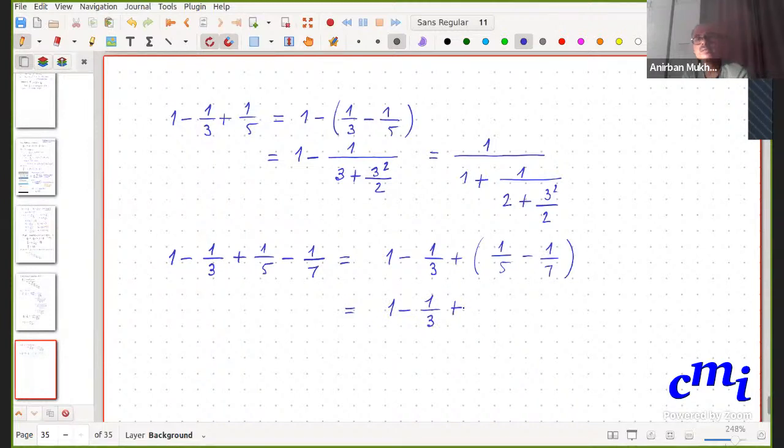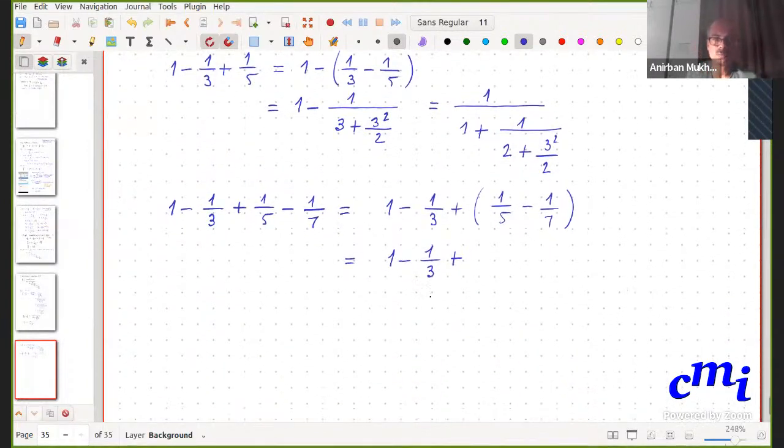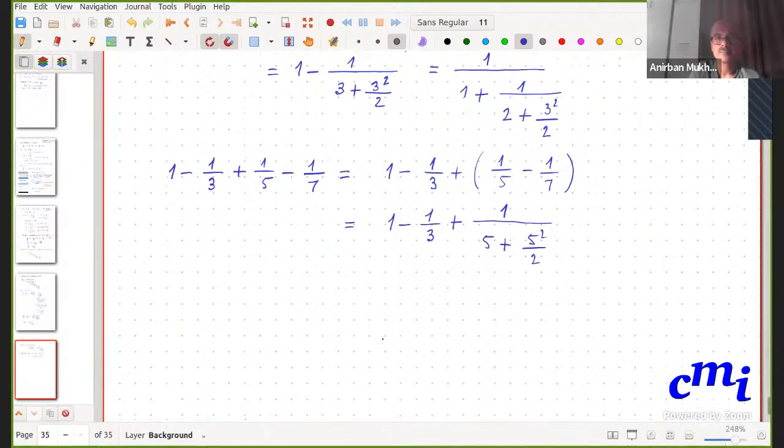You can try proving the general formula using induction. So I'm just doing a few steps to show the pattern. And so this is 1 by, use the same formula. So 5 plus 5 square by 2, the difference.